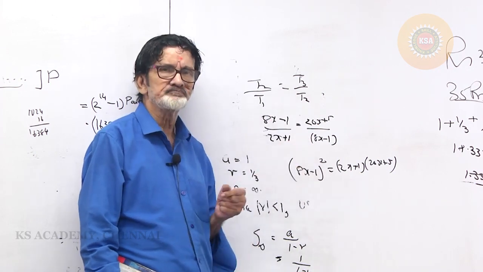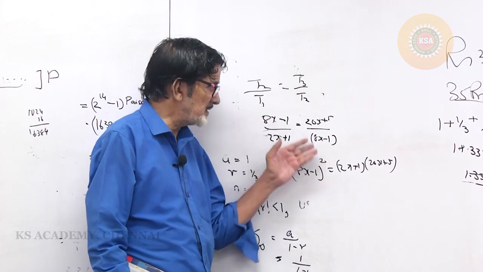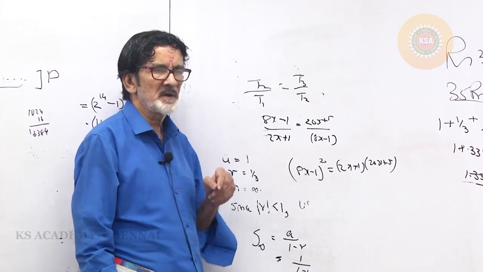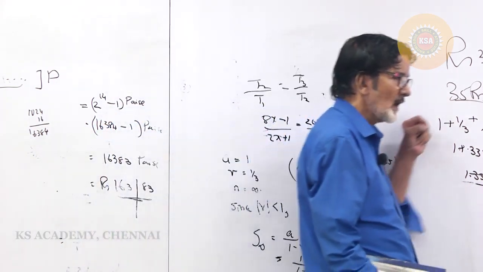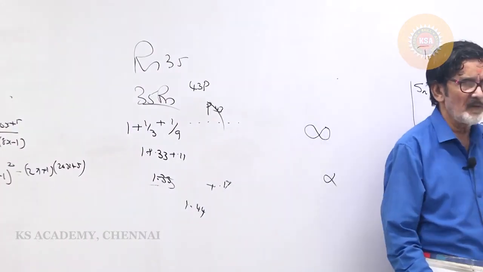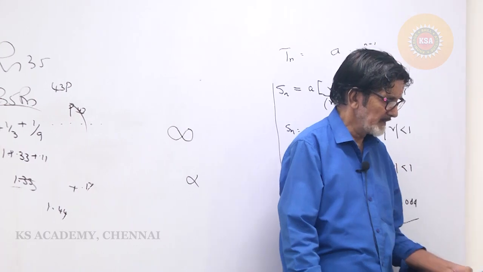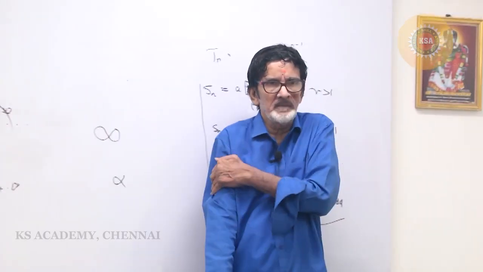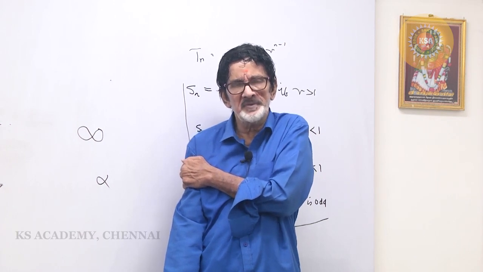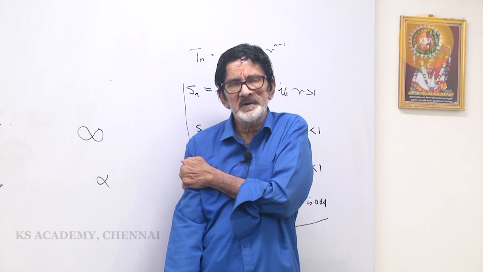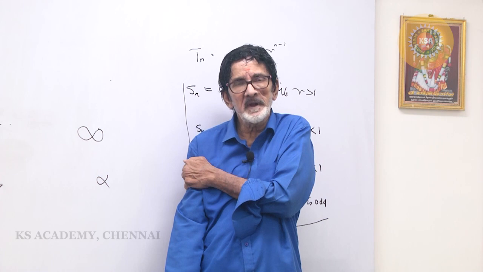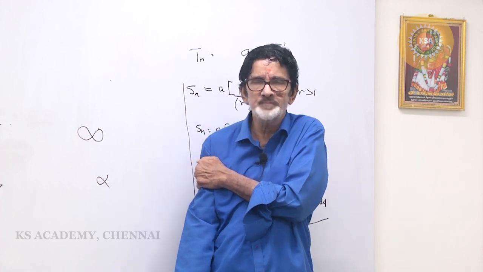It is an exam problem. They did it in this manner, but I used to suggest an easy method, the option testing method. First you write: getting the value of x is a very difficult process and time consuming also.